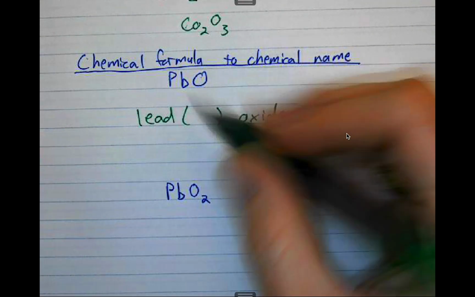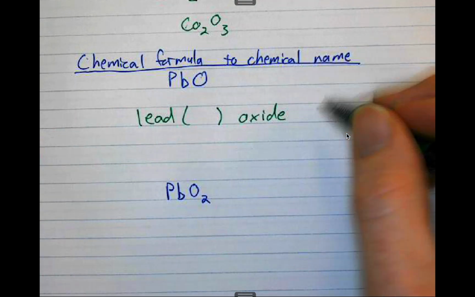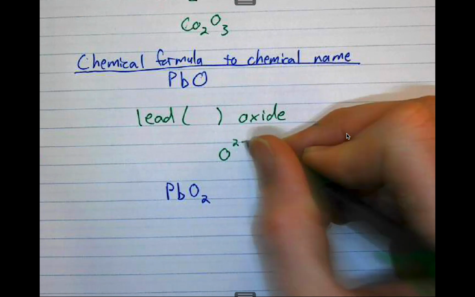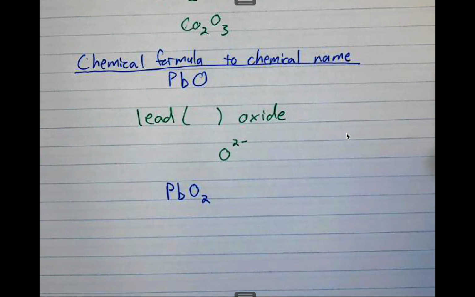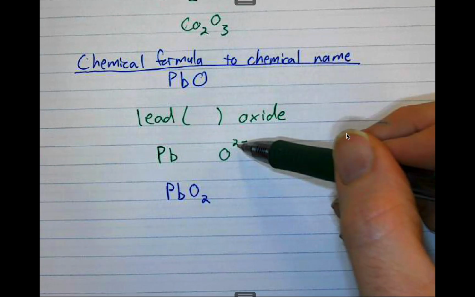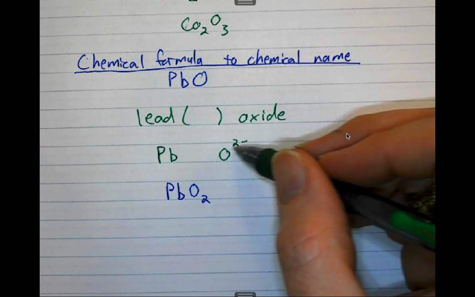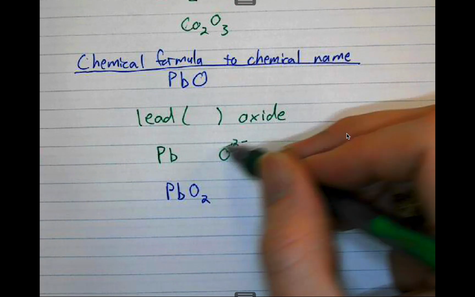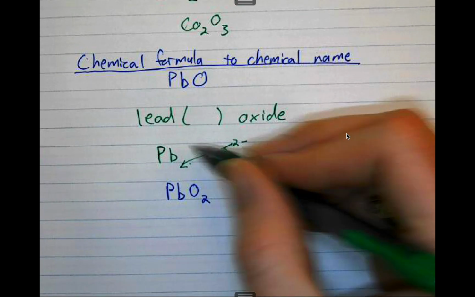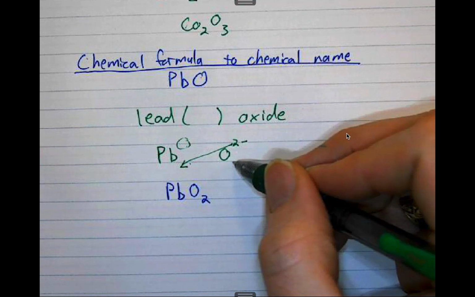And so now we have to use some deductive reasoning here. We know that oxygen is a negative charge, and we know that it's a 2 minus charge, or a negative 2 charge. So that means that we had lead here. So we're doing kind of a reverse crisscross right here. Instead, like normally you would have had a 2 to come down here. So what charge would you have had to come down here?